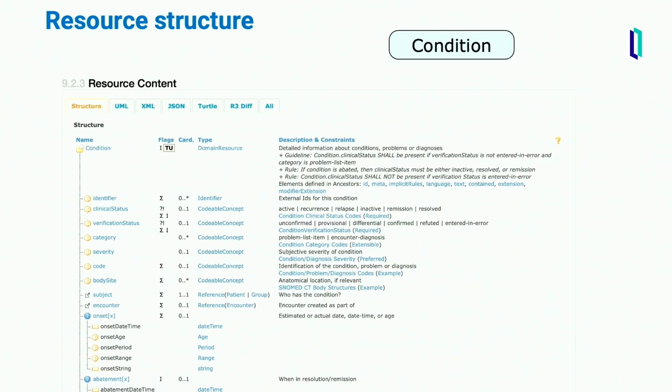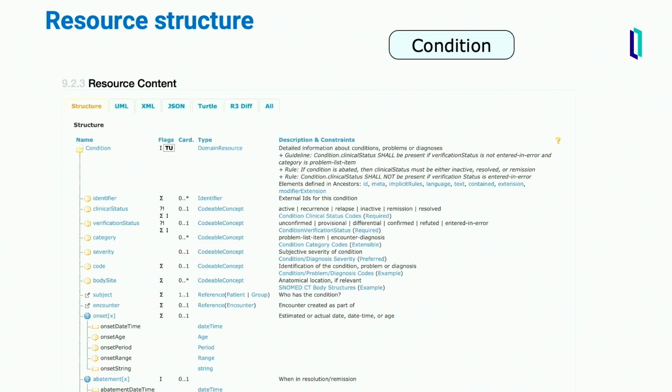So the condition has a code that is its identity, but very importantly for conditions, you may be able to see there's also a date of onset, a date of abatement if it is in fact no longer an active condition. And there's a clinical status which tells you whether that condition is active or not. Very important to know that somebody's condition is something from the past or it's something current.